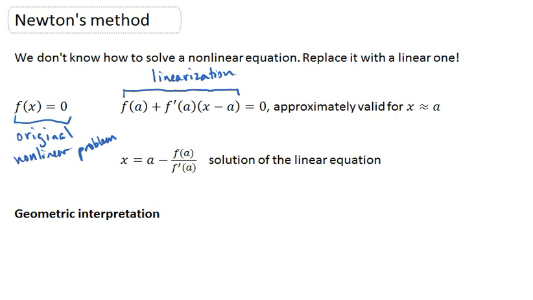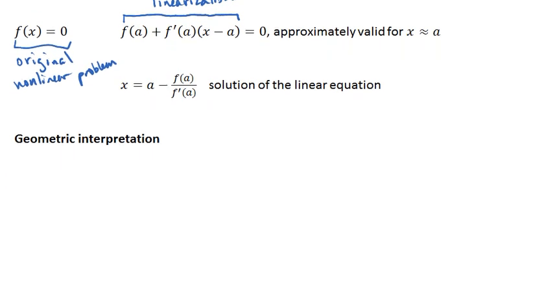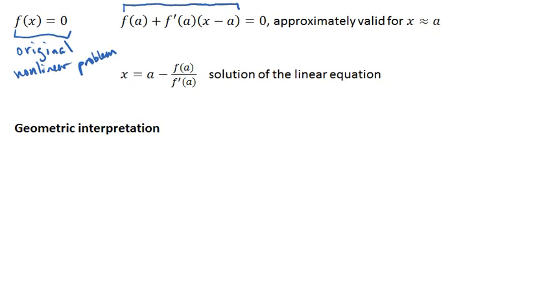In other words, we can't really solve the original problem. We're going to solve this linear approximation instead. That's an easy enough problem to solve. You just rearrange and find the x, and we get a formula for the solution of that linear problem. There's a very simple way of interpreting this graphically. So here's our function.